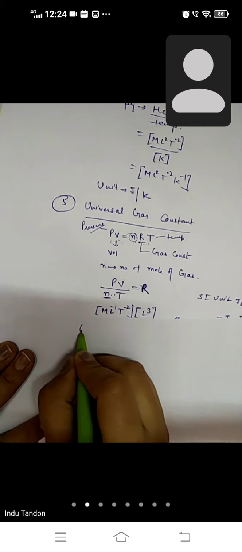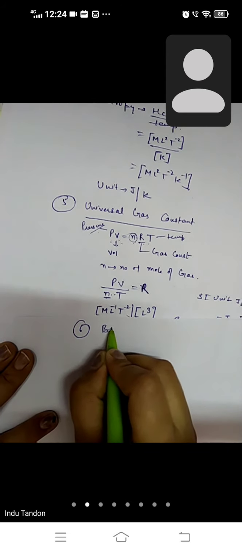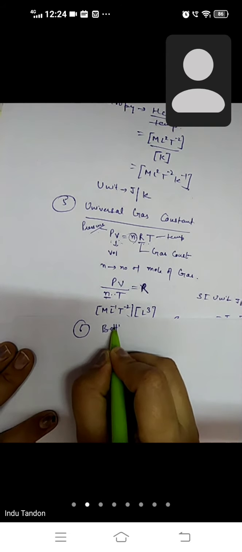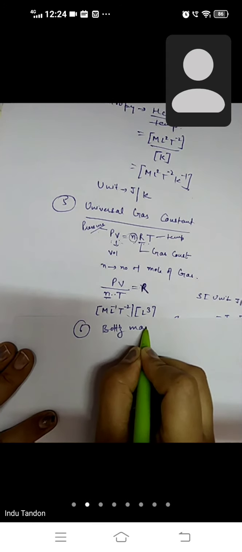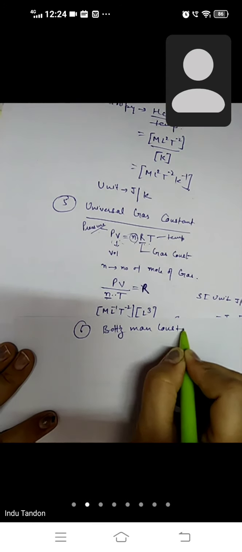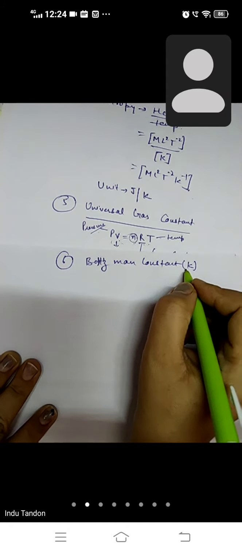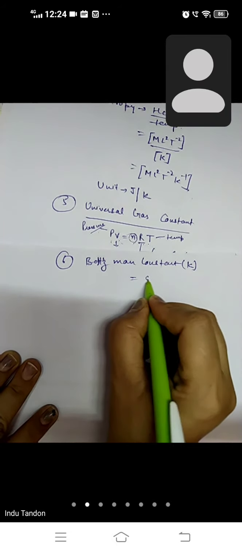Next and last, sixth, is the Boltzmann constant. This is K. Boltzmann constant K is energy divided by temperature, same as entropy.